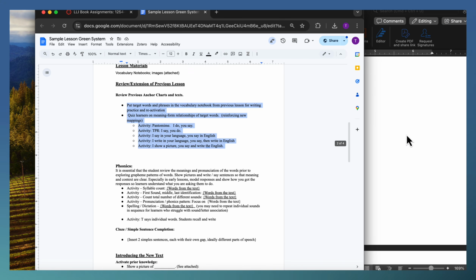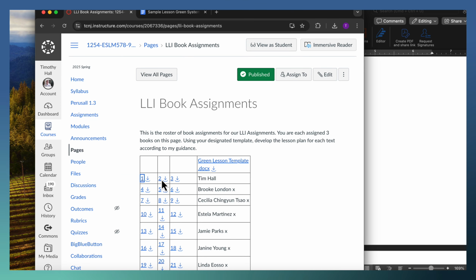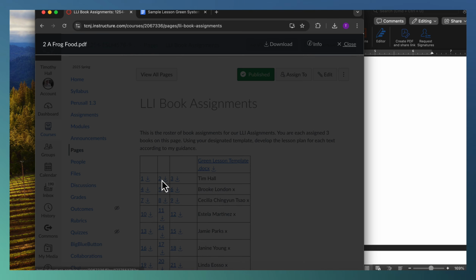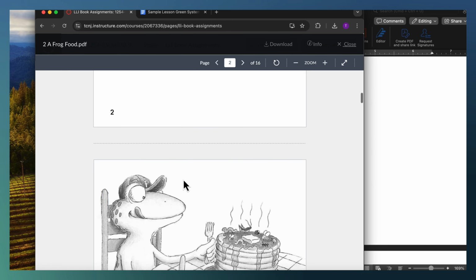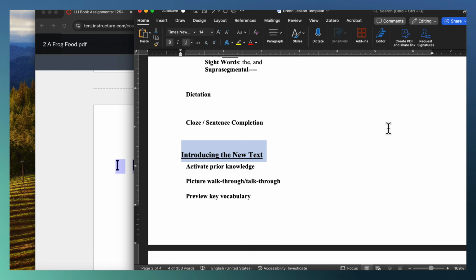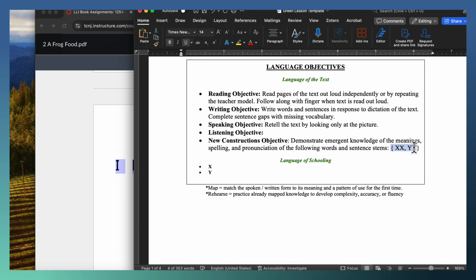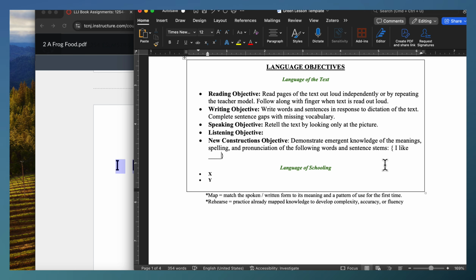So book number 2 is what? Book number 2 is Frog Food, if I recall. Well, I'll tell you right now, the phrase I like is really helpful. So that's definitely going to be part of my new mappings. I like as a sentence stem.